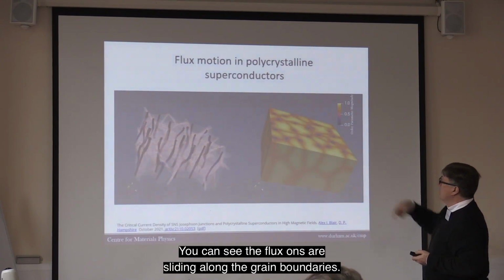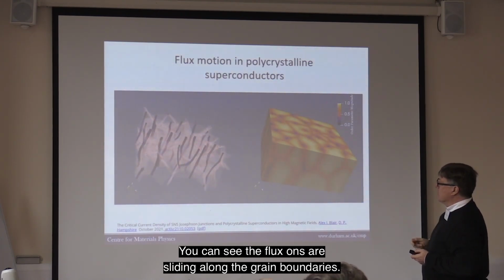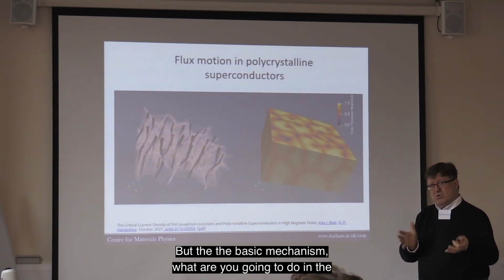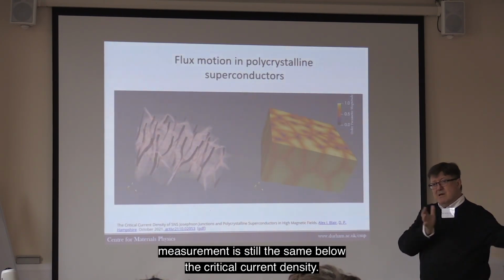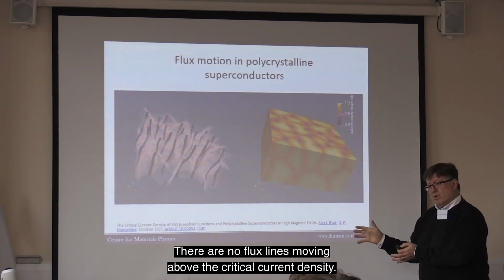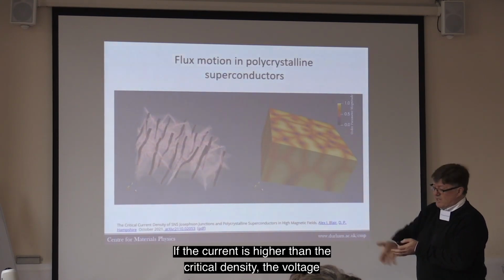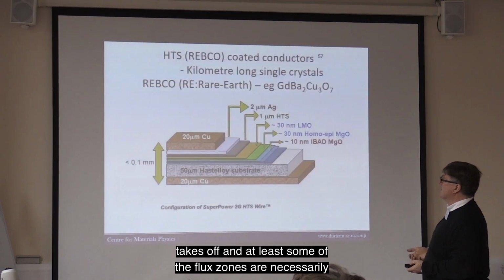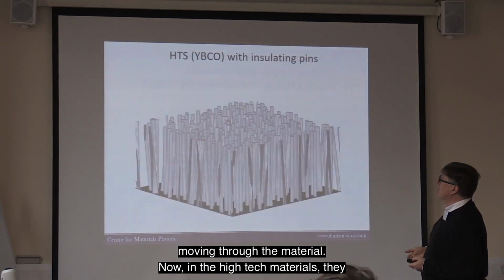You can see the fluxons are sliding along the grain boundaries. But the basic mechanism, what you're going to do in the measurement, is still the same. Below the critical current density, there are no fluxons moving. Above the critical current density, the voltage takes off, and at least some of the fluxons are necessarily moving through the material.